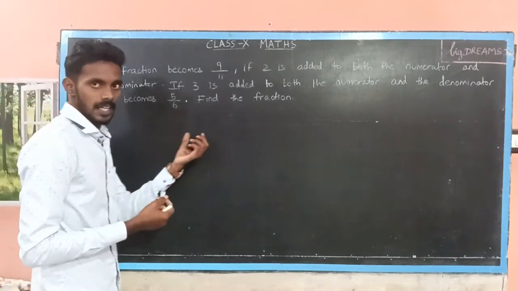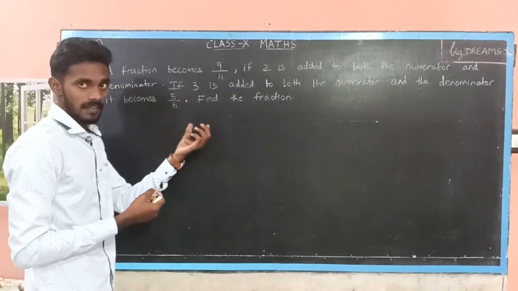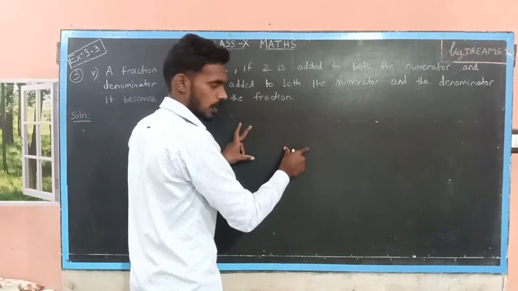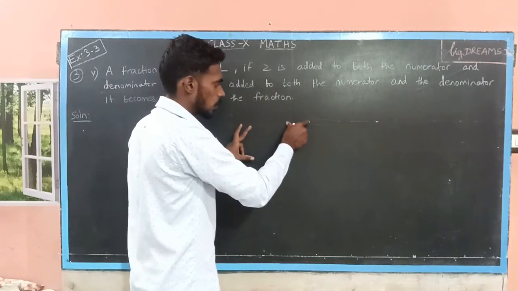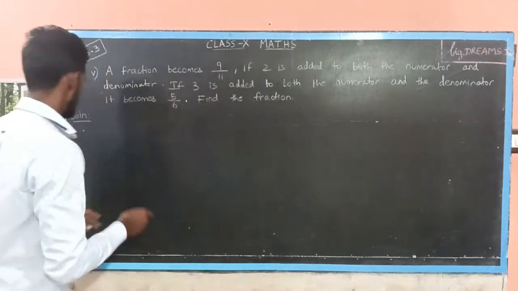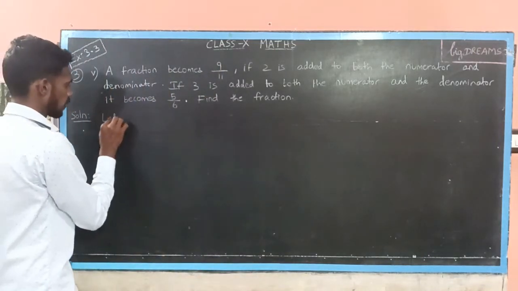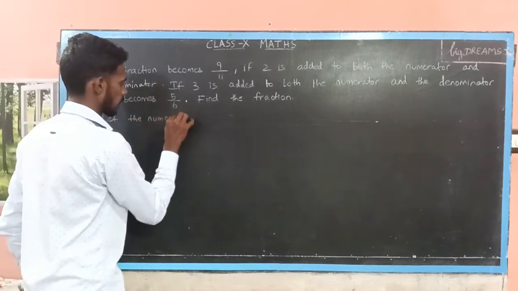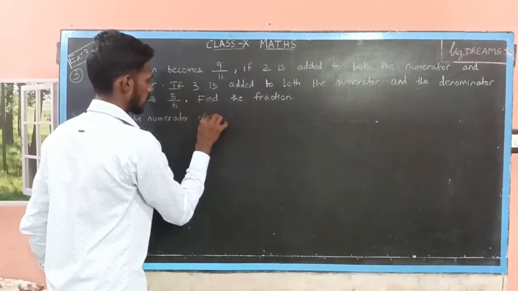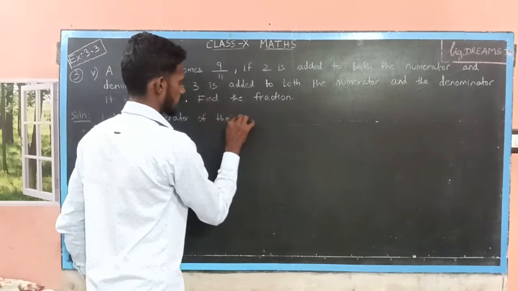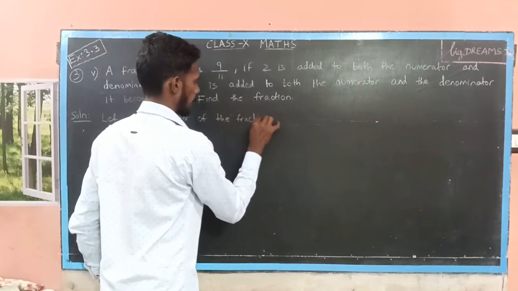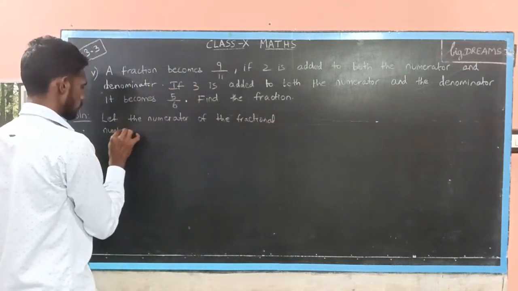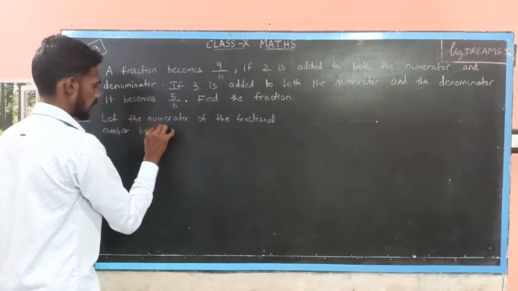See, we have to find a fractional number. We do not know the fractional number, right? A fractional number has a numerator part and a denominator part. We do not know both the numerator and the denominator. First, let's assume, let the numerator of the fractional number be x.